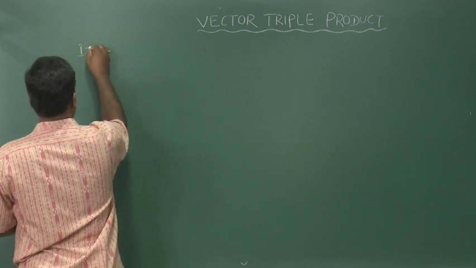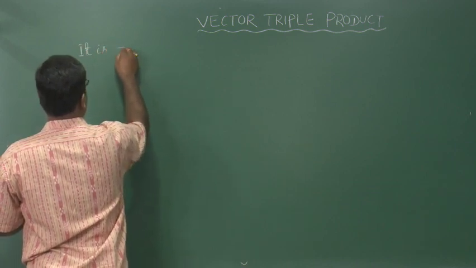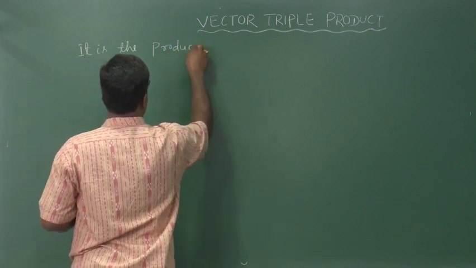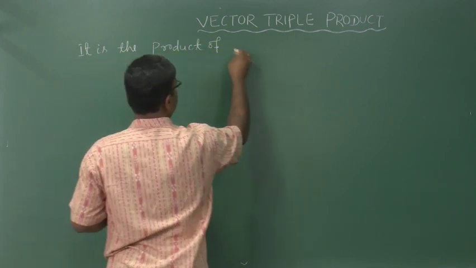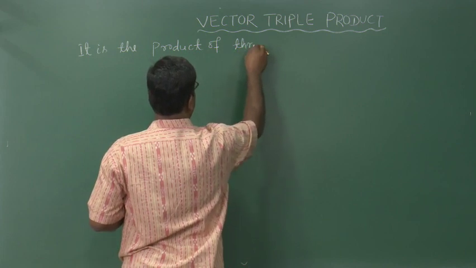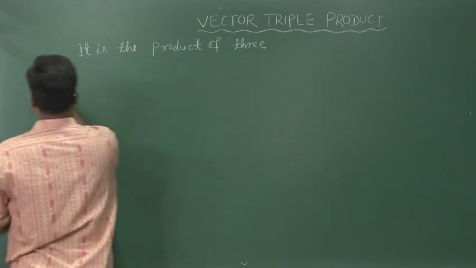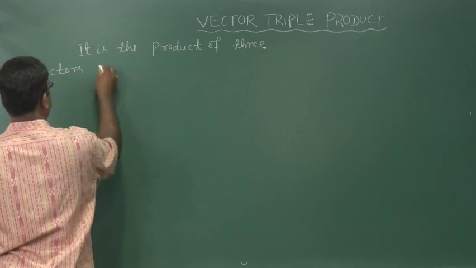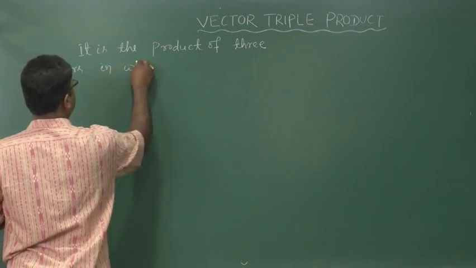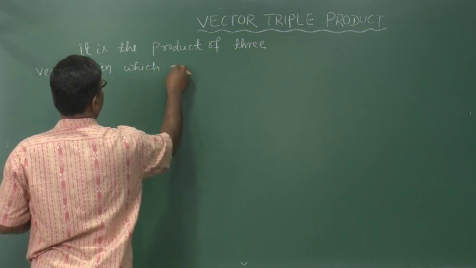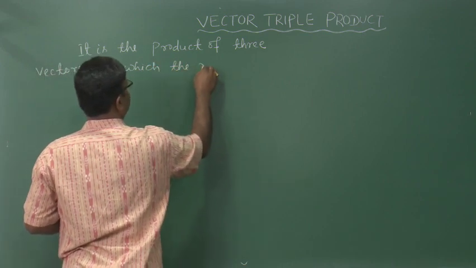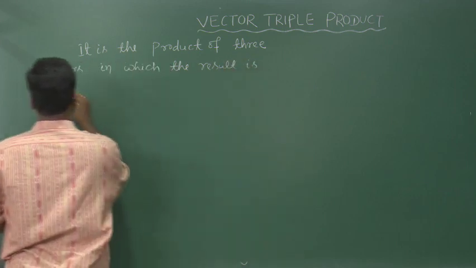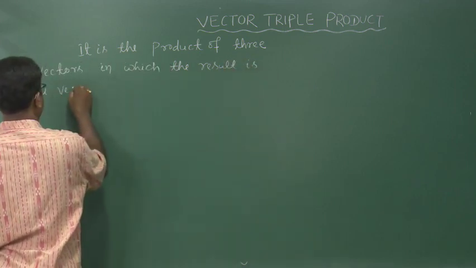It is the product of three vectors in which the result is a vector quantity.